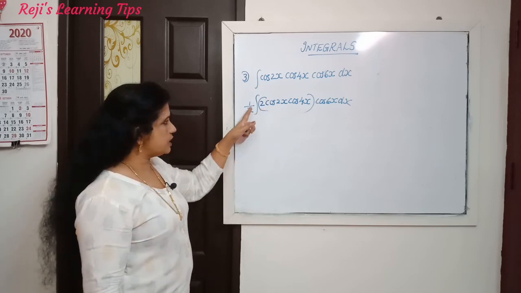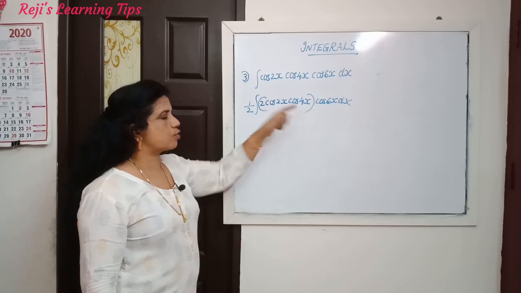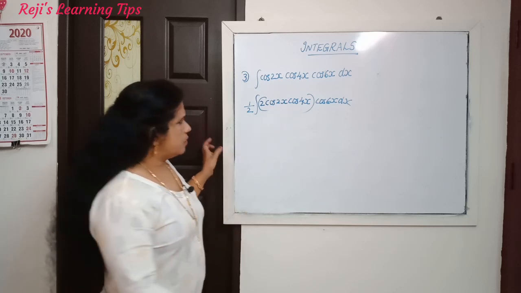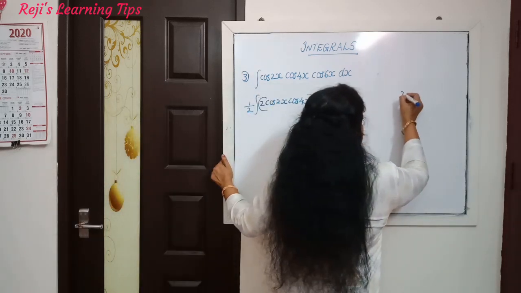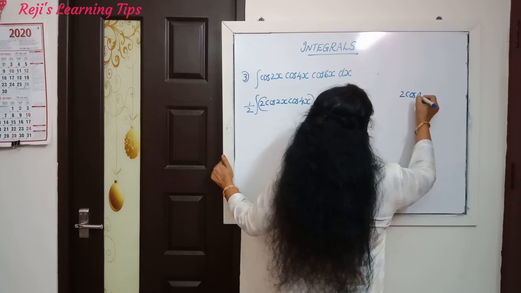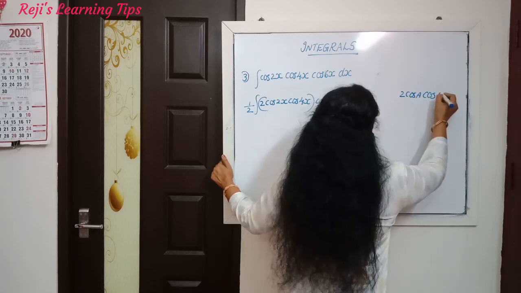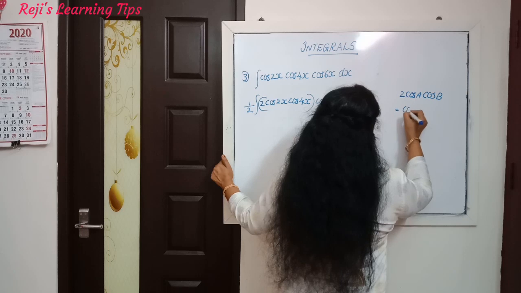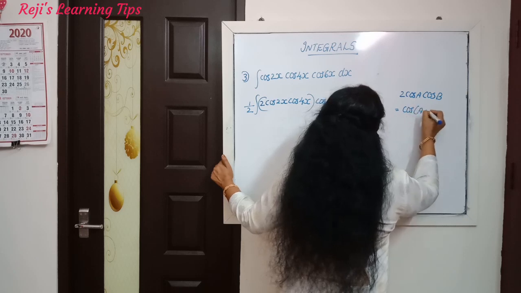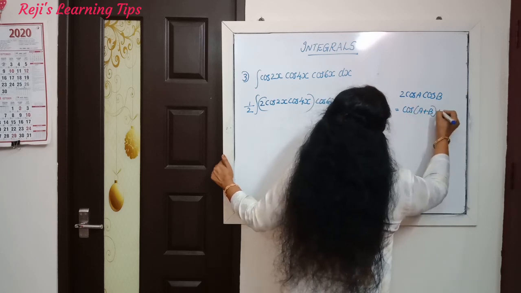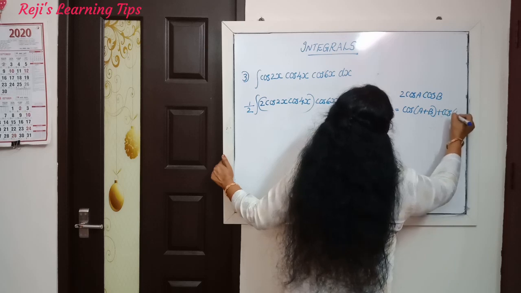So 1 by 2 in the integral of 2 cos 2x cos 4x. What is 2 cos A cos B? That is equal to cos of A plus B plus cos of A minus B.